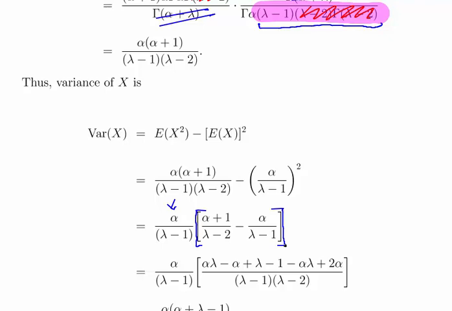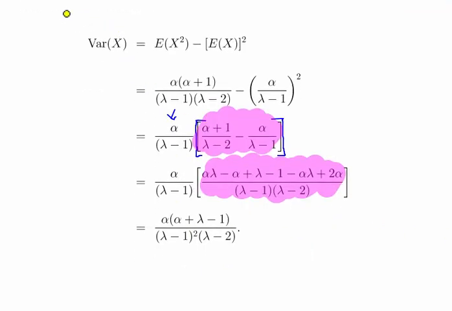But essentially what we have here is two fractions that we simply can cross multiply. Now it's tricky looking, but usually what happens is loads of stuff cancels out. So we have alpha lambda that cancels out with this minus alpha lambda. Minus alpha probably stays where it is, plus lambda, minus 1, plus 2.